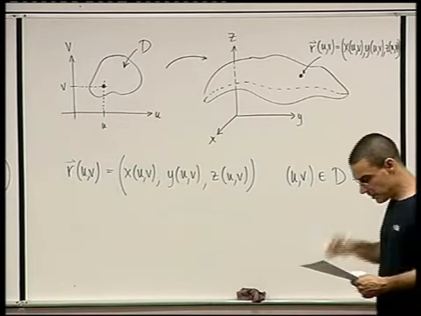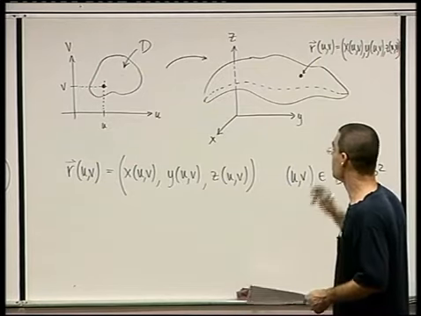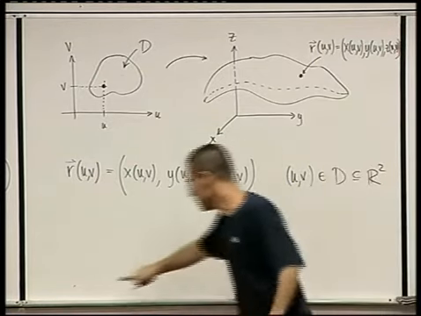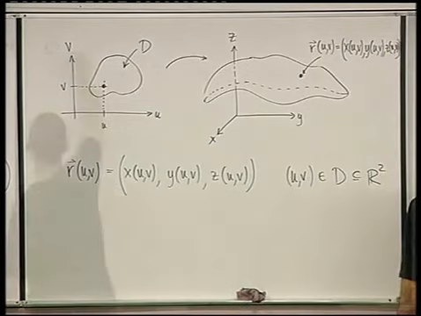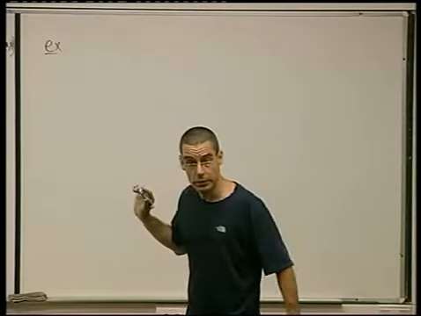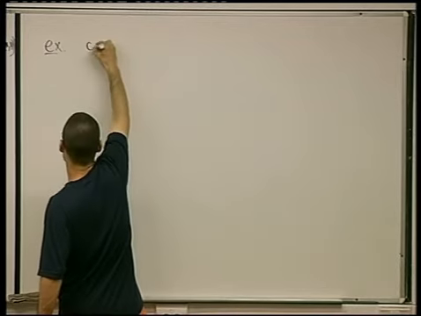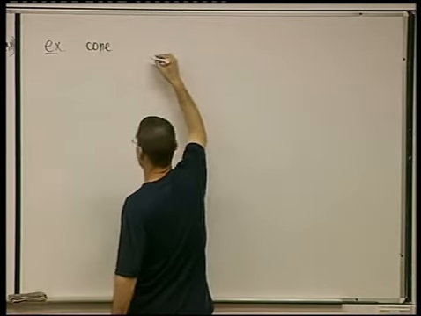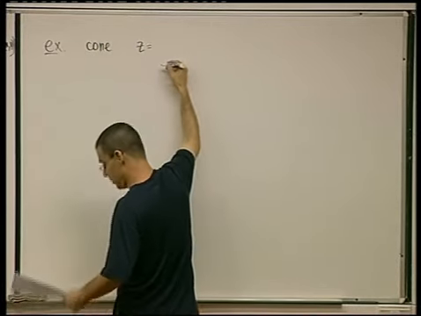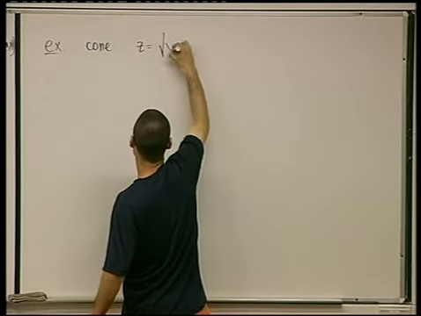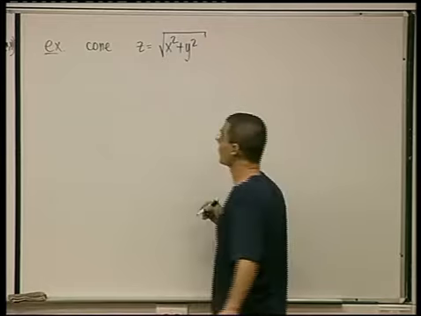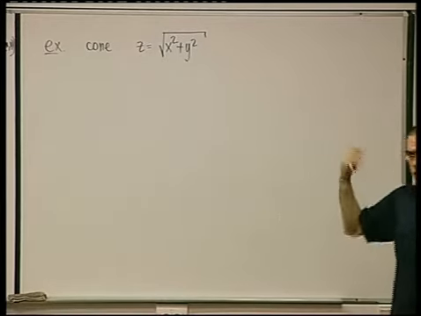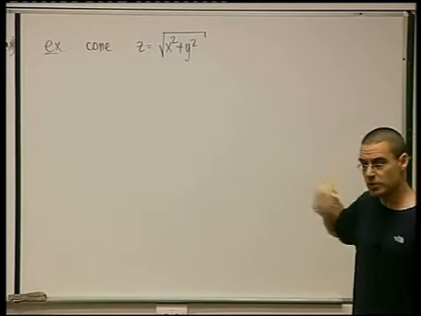Okay. Let's do an example. Let's move to another board. Suppose we want to parameterize a cone. Okay, so a cone, or a part of a cone. So z equals the root of x squared plus y squared. Do you remember the surfaces from the beginning of this course that we discussed?